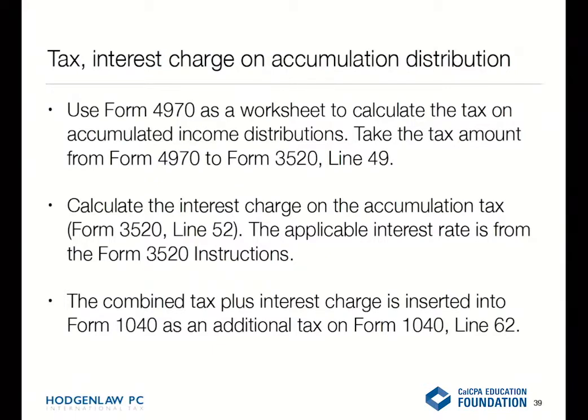And then you take the combined tax plus interest charge and you insert that into Form 1040 as an additional tax. This slide is actually outdated. It says Form 1040 line 62, but I believe it comes much sooner in the tax return now that we're living with the new 2018 version of Form 1040.